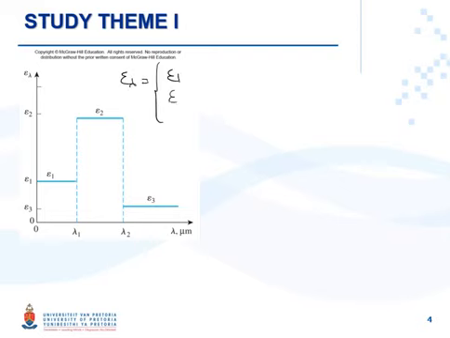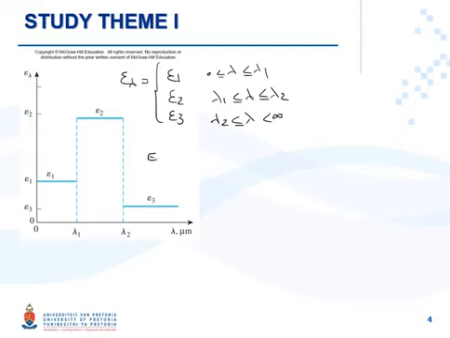There are 3 boundaries: between 0 and lambda 1 the emissivity is epsilon 1, for wavelength between lambda 1 and lambda 2 it is epsilon 2, and for wavelength greater than lambda 2, it's epsilon 3, like a step function. How are we going to calculate the average emissivity?